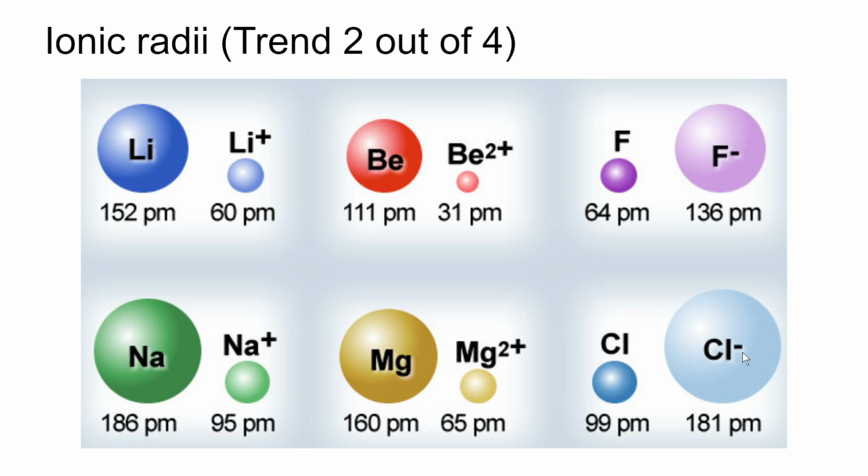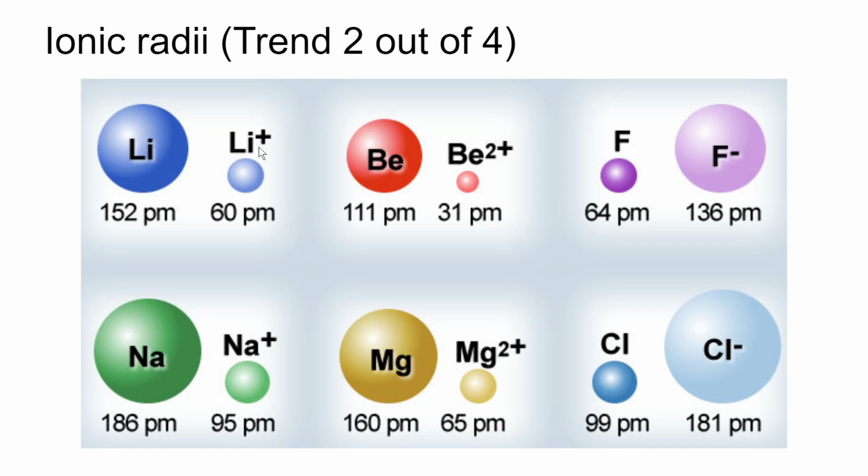So let's try and understand what's happening here. Lithium, of course, is number 3 on the periodic table, meaning it's got 2 electrons in its inner shell and 1 electron in its valence shell, its outer shell. As we lose an electron, we're not just losing 1 electron, we're also losing a whole shell of electrons. Lithium is big because it's got 1 electron in its outermost shell.